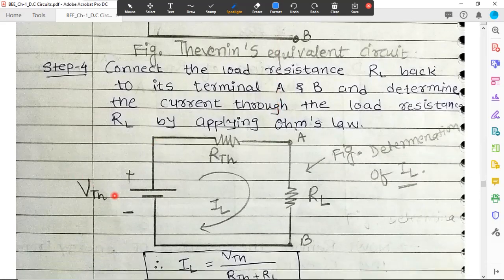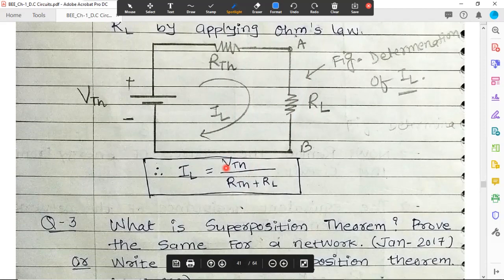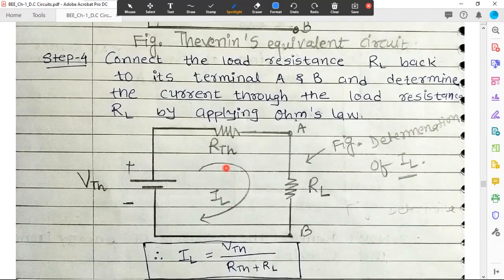So this is VTH in series with RTH, and this is the load resistance. Now we can find easily IL, the current flowing through the load resistance, as IL equals VTH upon RTH plus RL. Okay. So Thevenin's theorem and Norton's theorem are used to find current through any branch of a network.